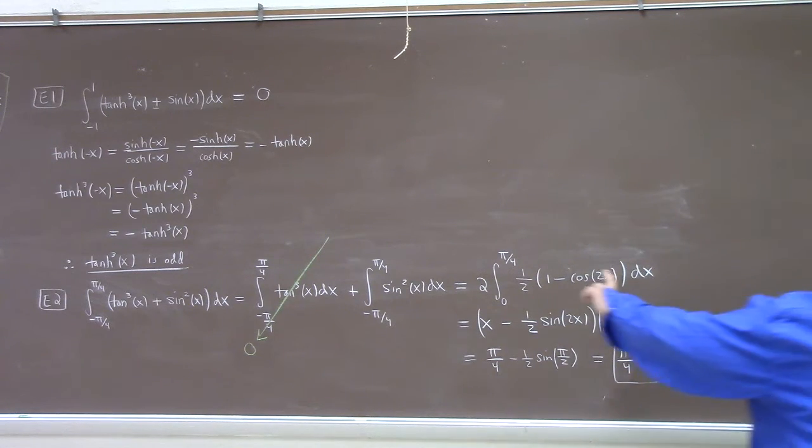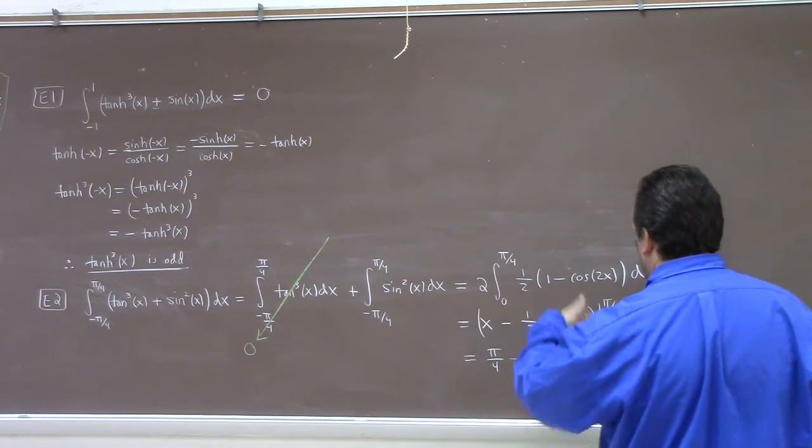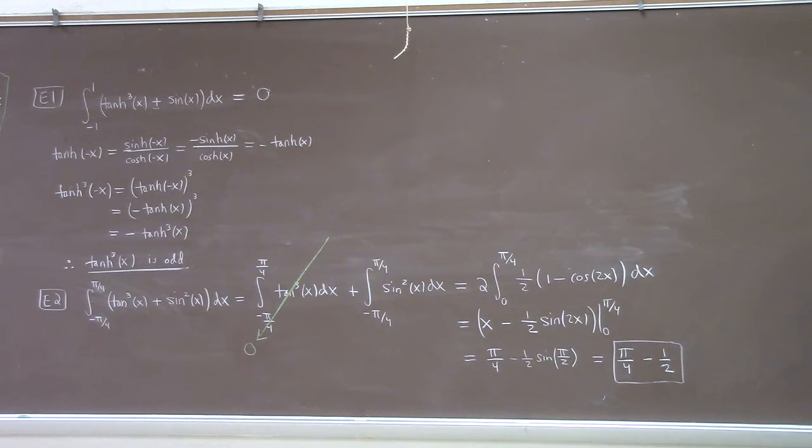I'm sorry, the 2's cancel. 1 integrates to x. Cosine 2x integrates to sine, divide by 2 because of the 2x there. Plug in pi over 4, I get pi over 2. Sine of pi over 2 is 1.